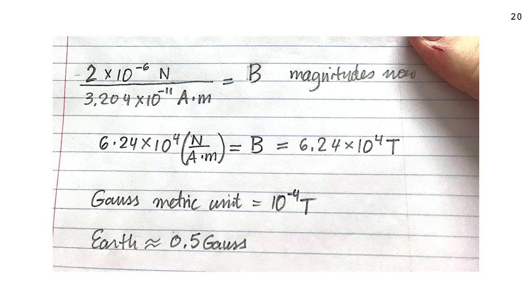So a 1 Tesla magnet is really, really strong. A magnetic field that provides, in its core, 1 Tesla of magnetic field strength is really, really strong. And the Earth is only half a Gauss, and that's at its strongest, depending where you are on Earth.